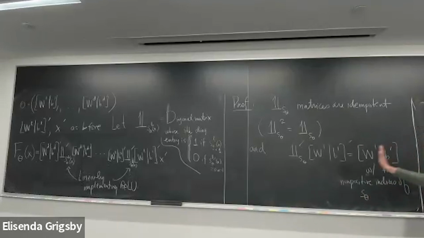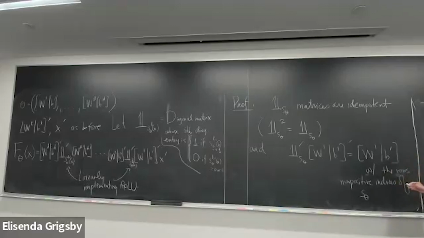When you multiply by a diagonal matrix on the left, it zeroes out the rows. Yeah, because multiplying by a matrix on the right zeroes out columns.